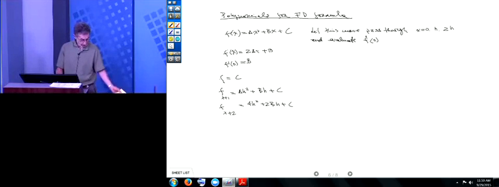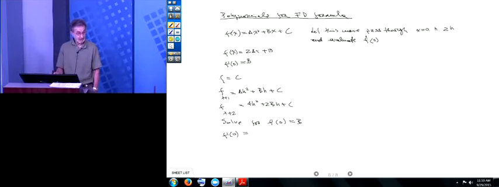And then solve for f prime of 0, which is equal to b. So we have 3 equations and 3 unknowns, a, b, and c, which we can solve.